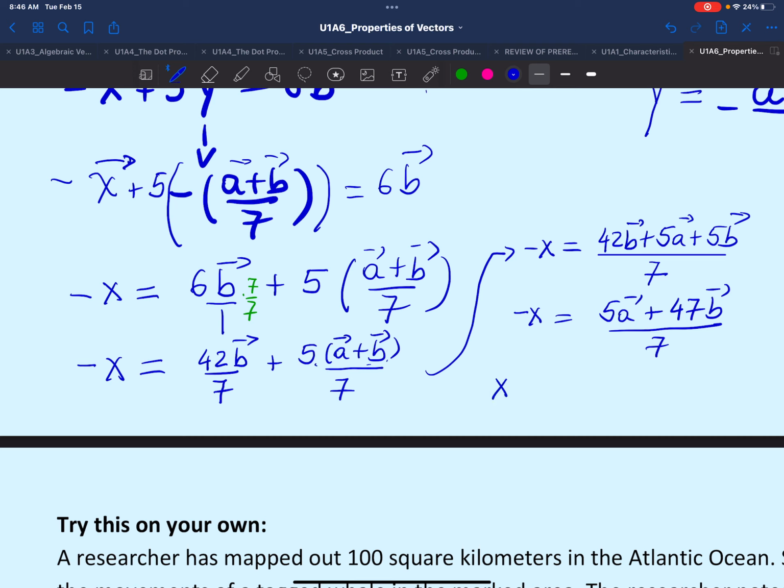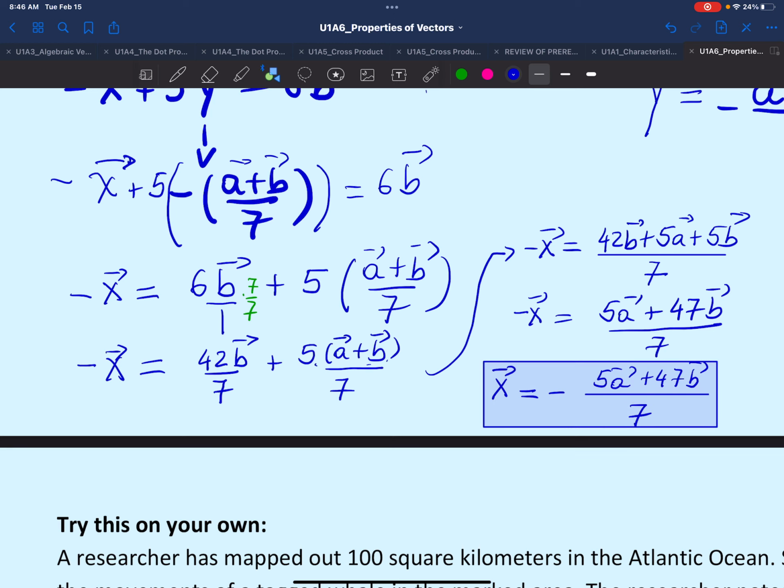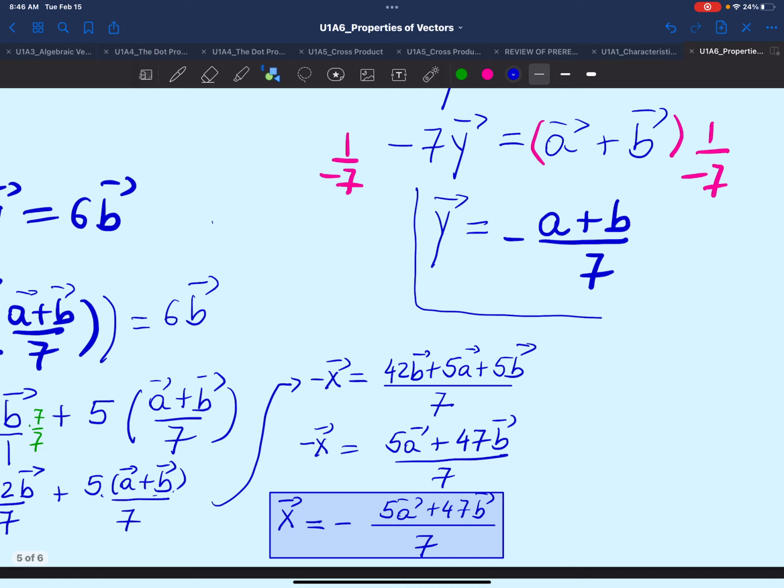So obviously we need vector x and not negative x. So we'll multiply by negative 1 both sides, which will bring us to vector x being negative 5a plus 47b over 7. And voila, this would be the vector x in terms of a and b. And we already found y in terms of a and b.